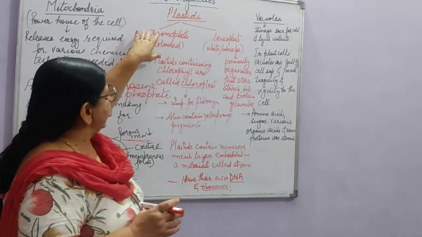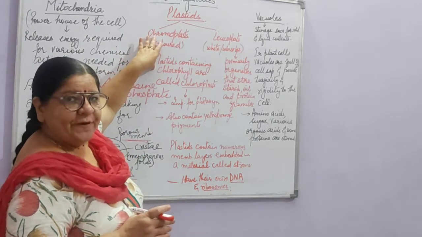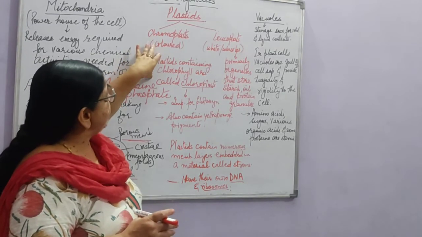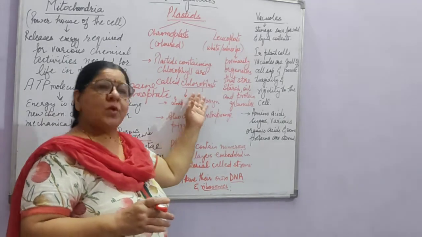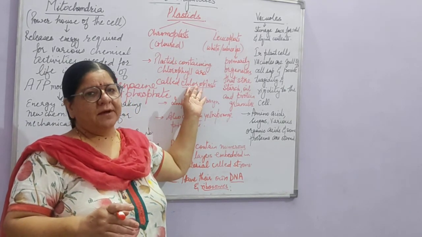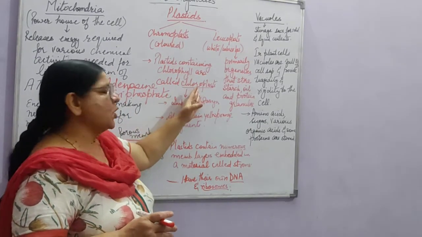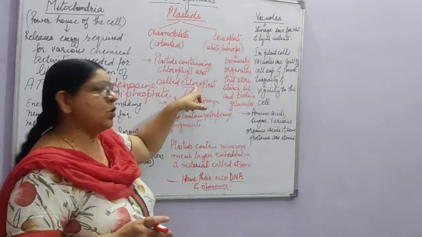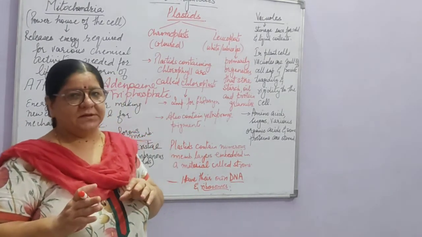These chromoplasts are the plastids which contain chlorophyll, right? And the plastids which contain chlorophyll are known as chloroplasts, right? So the plastids containing chlorophyll are called chloroplasts. These chloroplasts are very important for photosynthesis.